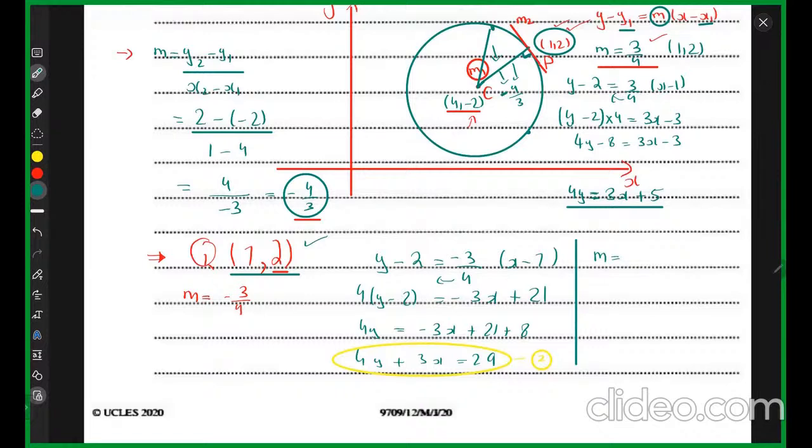Yes, Miss. Okay. So when I will use 7 and 2, I would get 4 by 3 as the gradient. And then when I will take the negative reciprocal, it would be minus 3 by 4. Just take your time and find the gradient according to this. I'll wait, no problem.